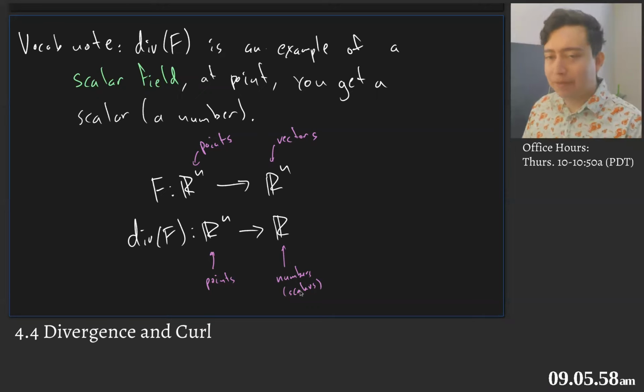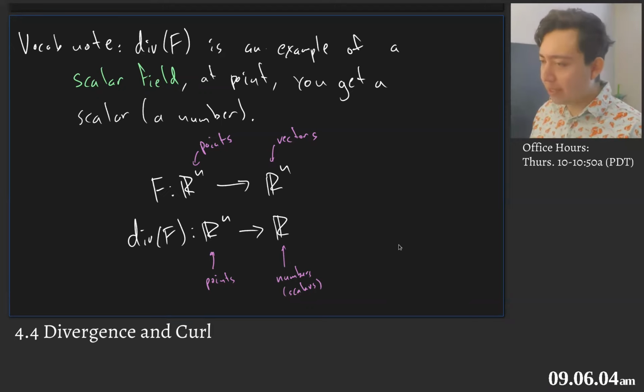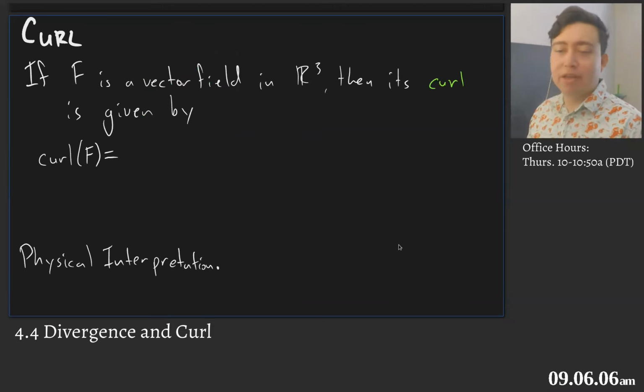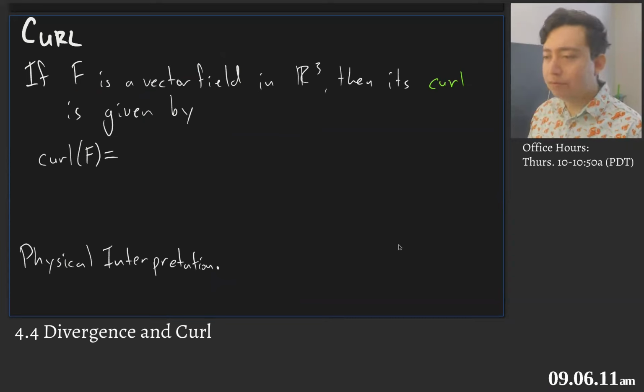Okay. Let's look at the next topic, which is something called the curl. And the curl is different from the divergence in a big way, because the vector field has to be in 3 dimensions.